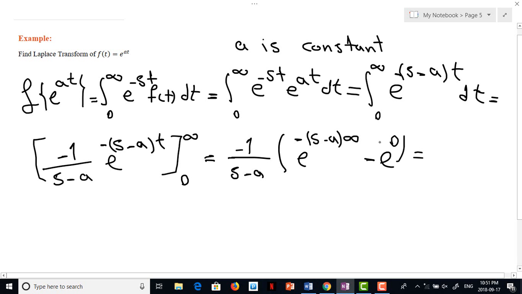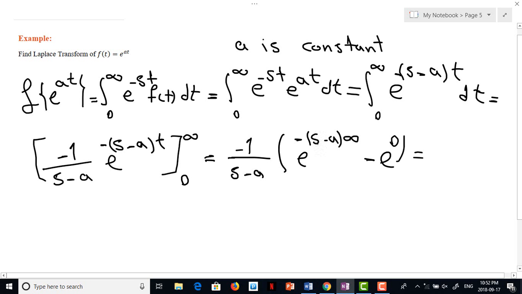So for this part again we have the same condition. If s is greater than a, so this part is positive, we have negative here, negative times infinity, so it's minus infinity, so e to the power of minus infinity is equal to 0.